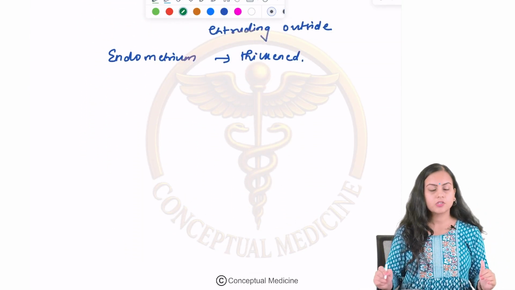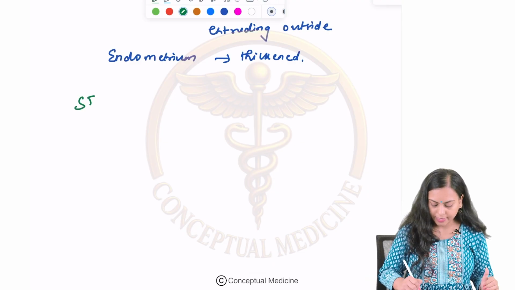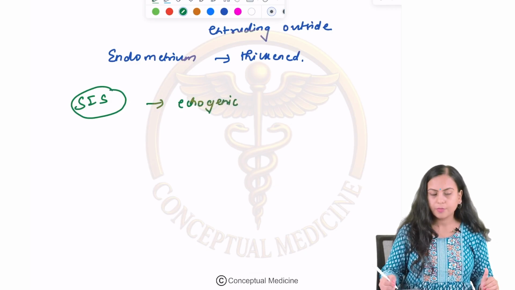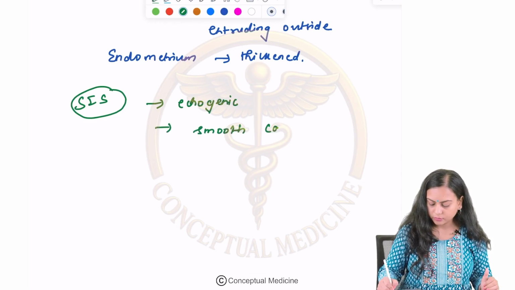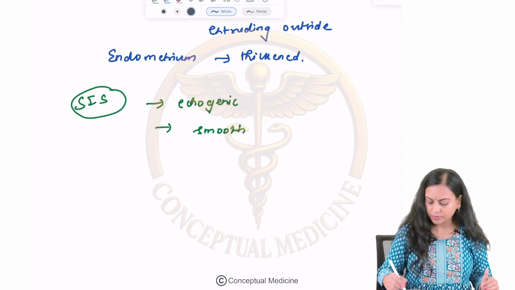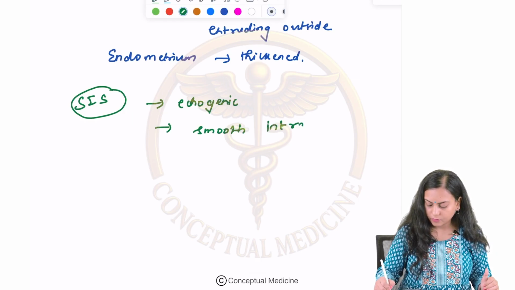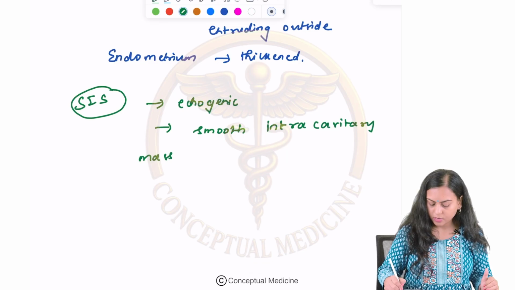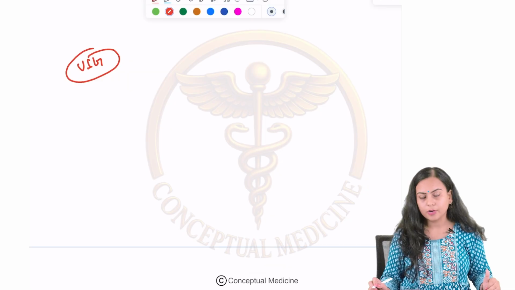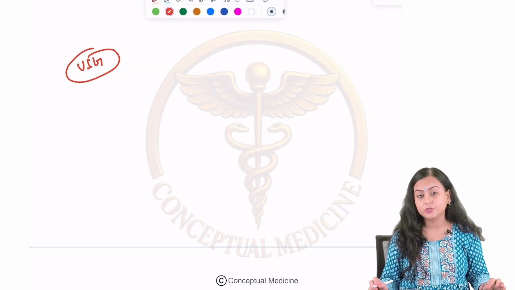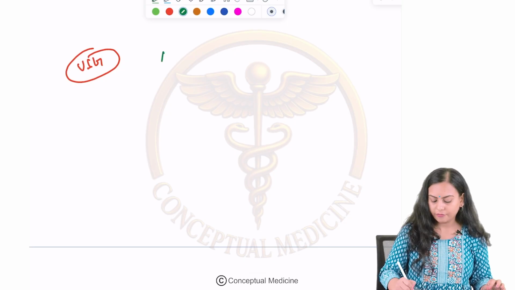The various investigations we can do for a polyp include saline infusion sonography, where you will be able to see this polyp as an echogenic mass. Also, it will be a smooth intracavitary mass that is outlined by fluid. In ultrasonogram, you will be able to make out the polyp as a single mass protruding into the cavity with a feeding vessel.